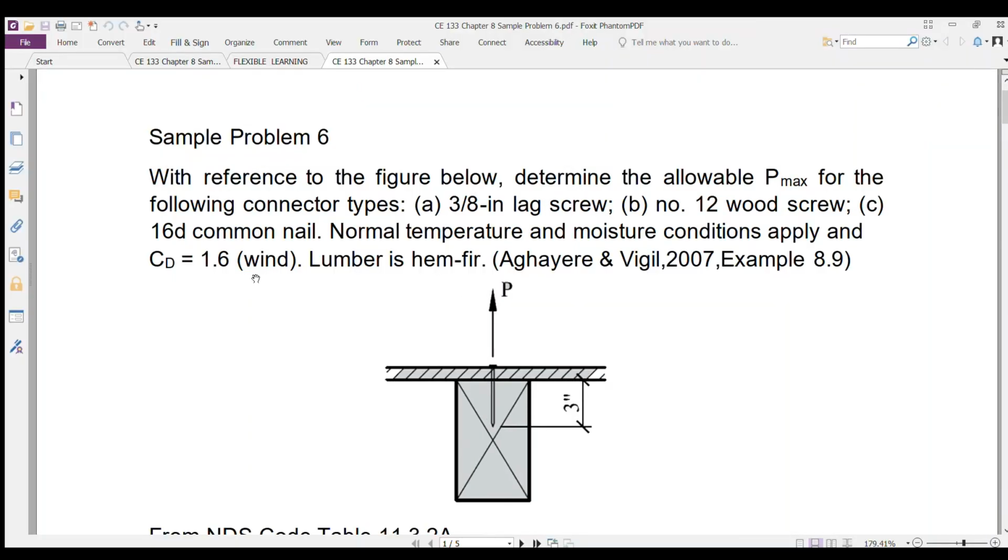For sample problem number 6, we need to determine the P max for the different connector types. A, 3/8-inch lag screw. B, number 12 wood screw. And C, 16D common nail. Normal temperature and moisture conditions apply, C sub D is equal to 1.6 for wind, and the lumber is hem-fir.